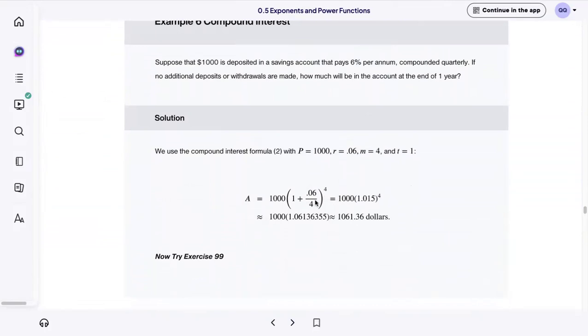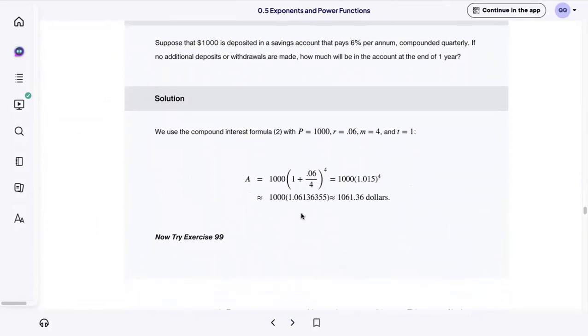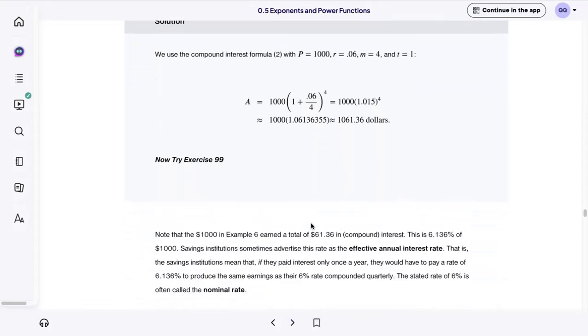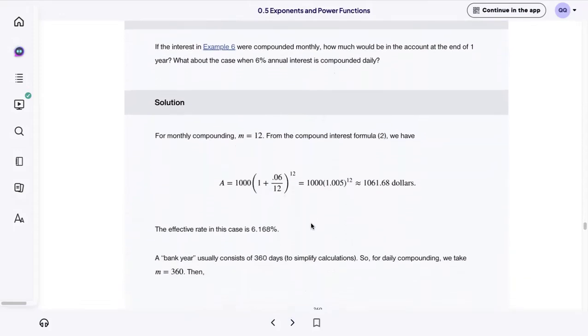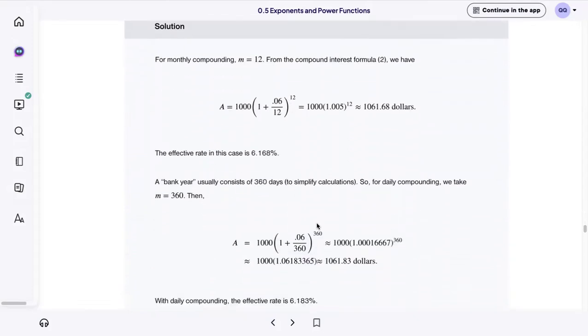So we plug into the formula: 1,000 times 1 plus 0.06 divided by 4, then raised to 1 times 4. For monthly, M equals 12, so 0.06 divided by 12, then raised to 1 times 12.